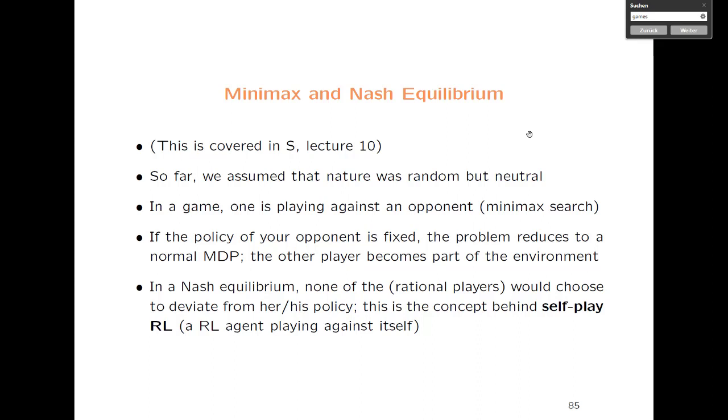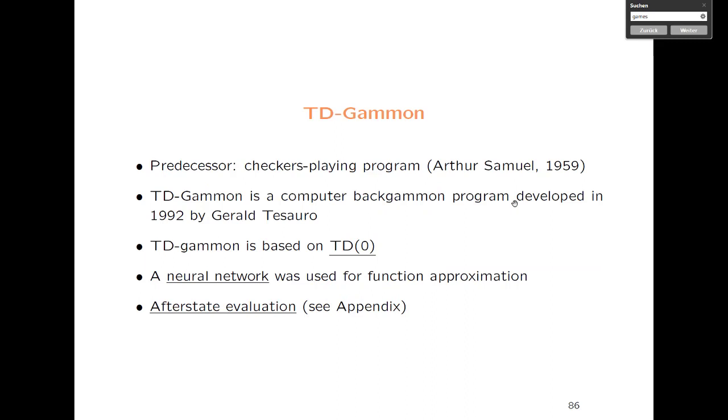And this is the concept behind self-play reinforcement learning: a reinforcement learning agent playing against itself. At the end, both agents pursue a rational strategy and converge to a Nash equilibrium where it doesn't make sense for either of them to deviate from the strategy.